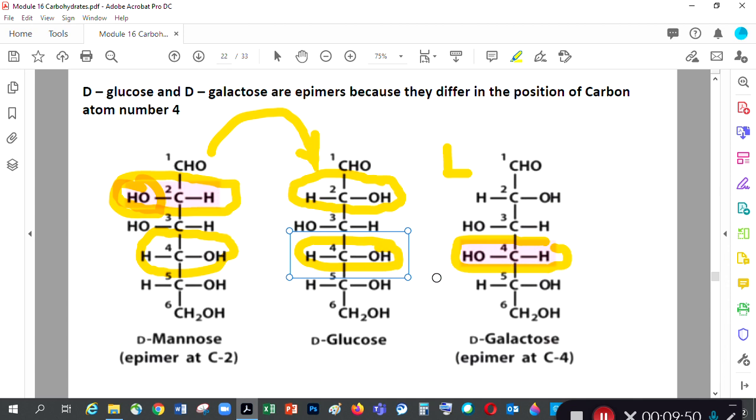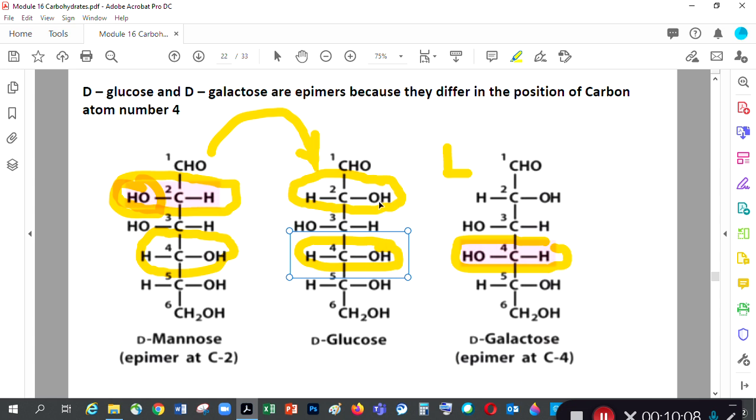So both D-glucose and D-mannose are epimers of galactose at carbon 4, and glucose and mannose are epimers at carbon 2.